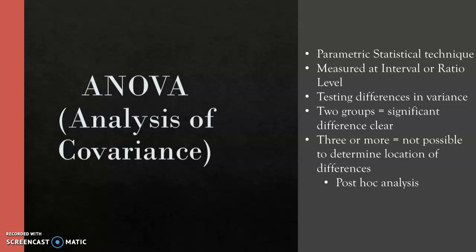These variances are within group variance, between group variance, and total variance. With 2 groups, a significant difference is clear, and with 3 or more groups, it is not possible to determine the location of the difference.